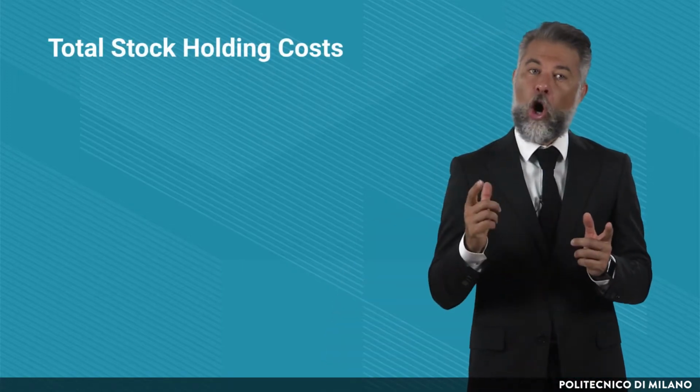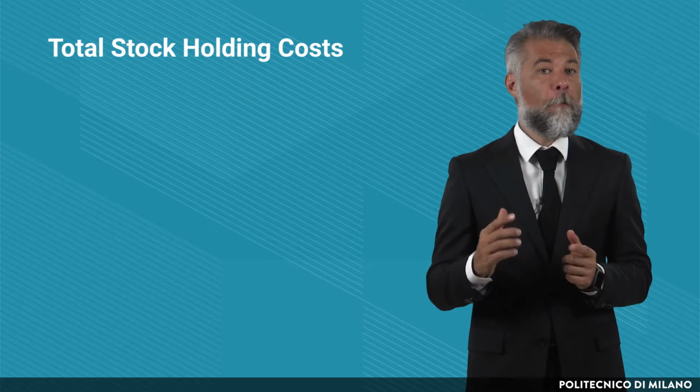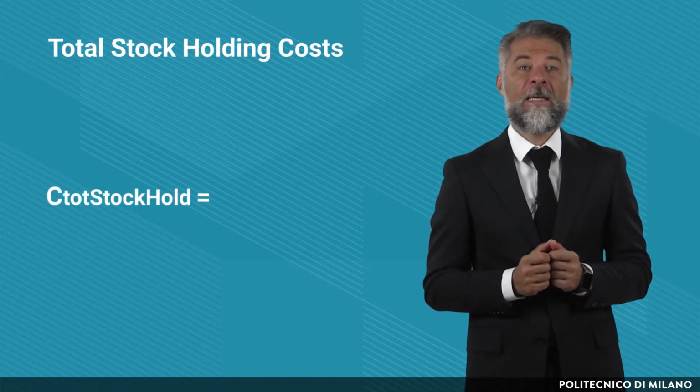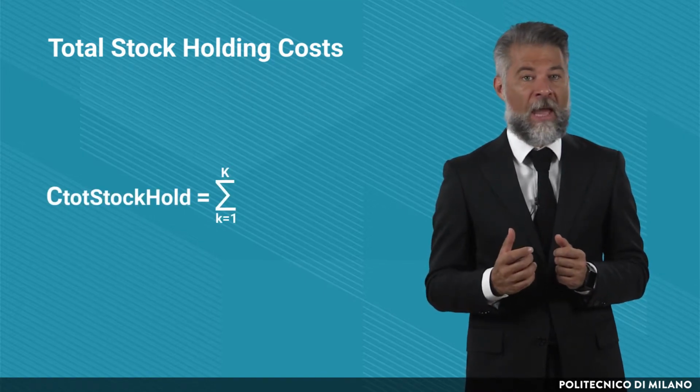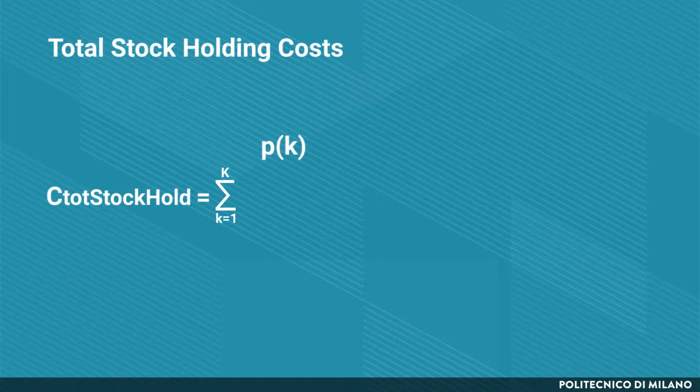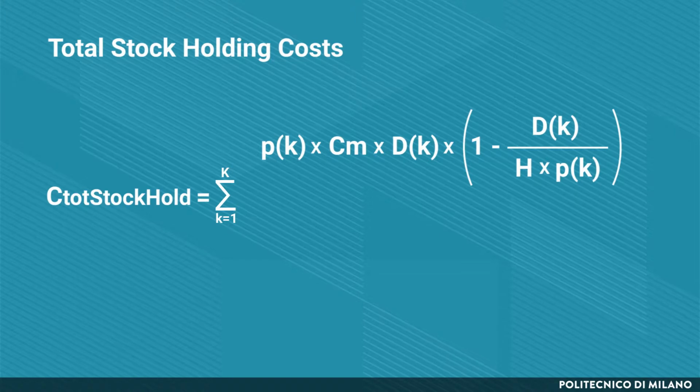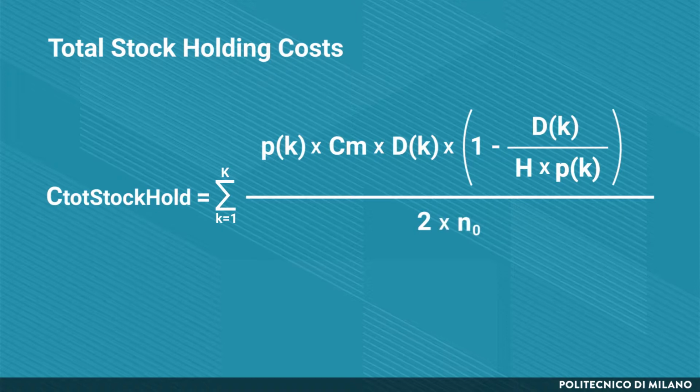The total stock holding costs are given by the following formula, taking into account for every product K: variable production cost times stock holding cost times demand times the coefficient considering a finite production rate, divided by 2, divided by the number of campaigns or production lots in a year.